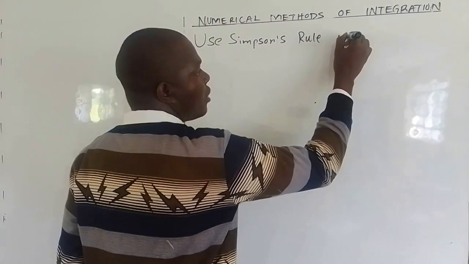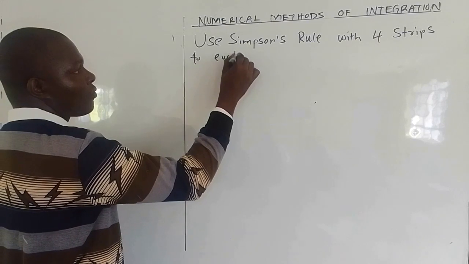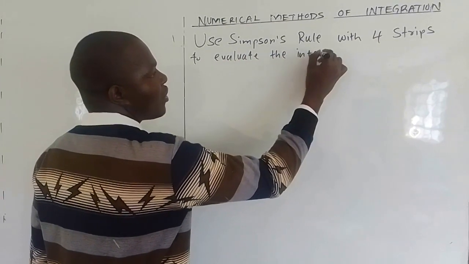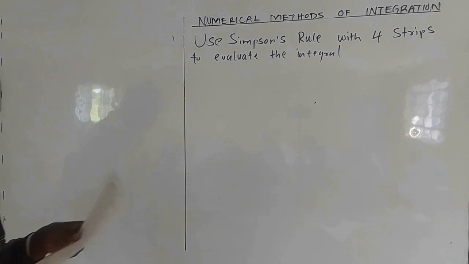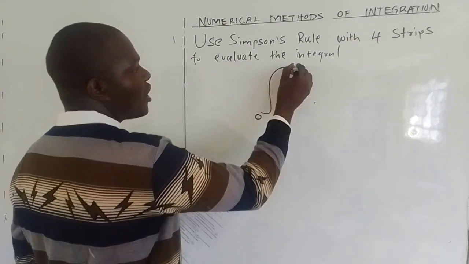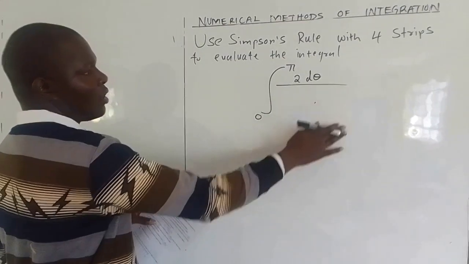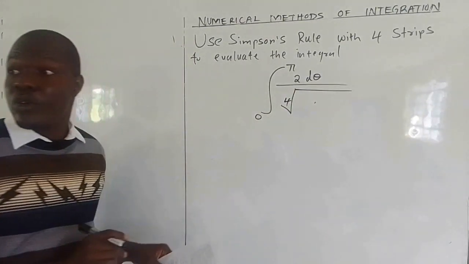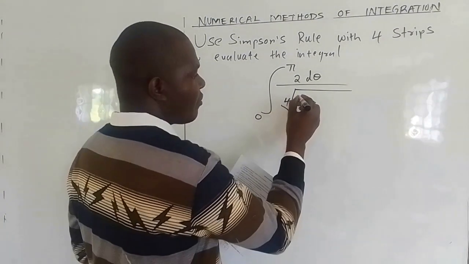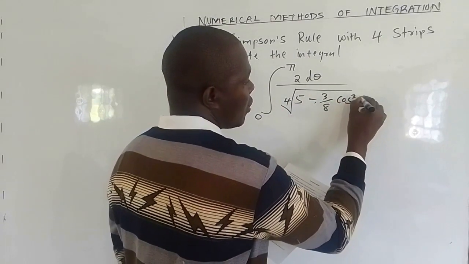You are integrating from 0 to pi, d theta over the 4th root of 5 minus 3 over 8 cos cubed theta.